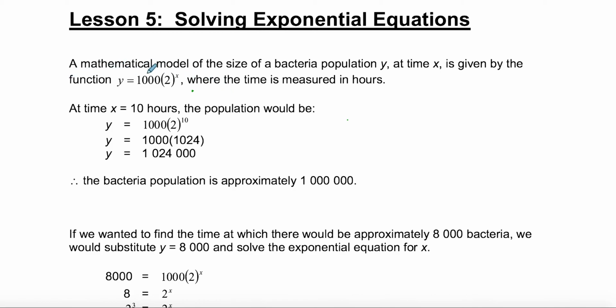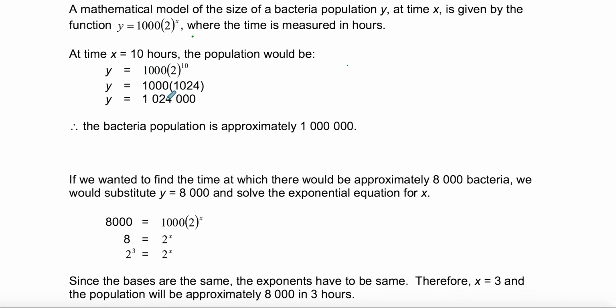So here, a mathematical model of the size of a bacteria population y at time x is given by the function y equals 1,000 times 2 to the x, where time is measured in hours. To make sense of this, if x was 10 hours, we would sub in 10 for the exponent and find how many bacteria would exist after 10 hours.